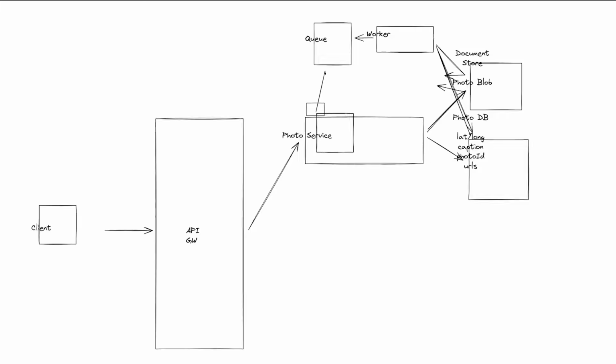As far as saving the caption, if the user has a specific location that they want to set for where the photo was taken, that would be another request, and the photo service just needs to update our photo database. So high level, I think that's photo creation, and that should cover our post photos and post photos photo ID metadata requests.